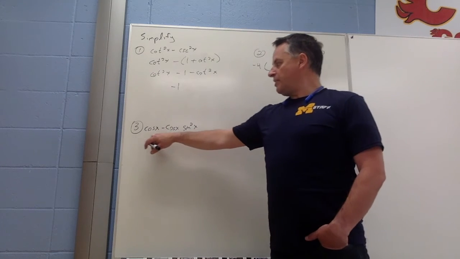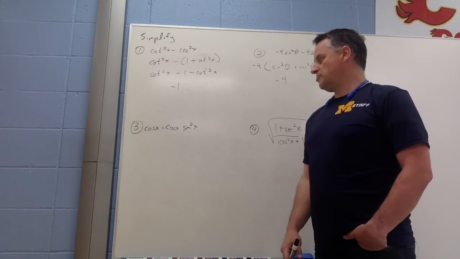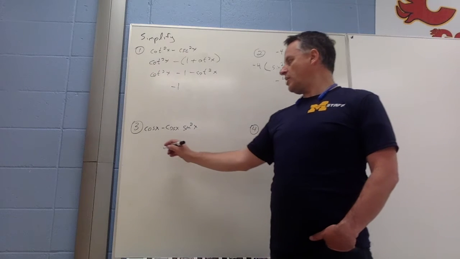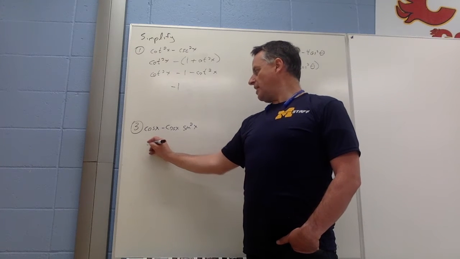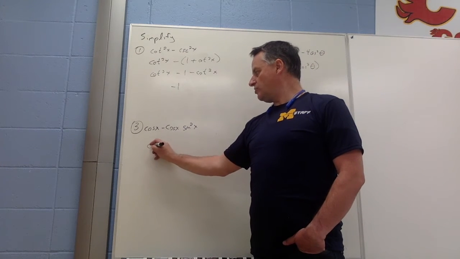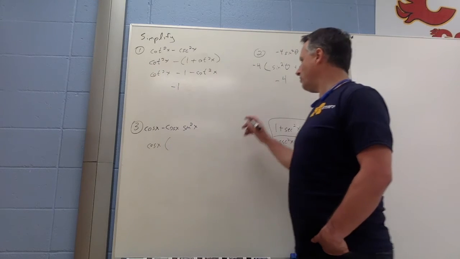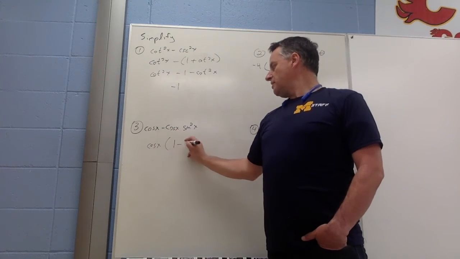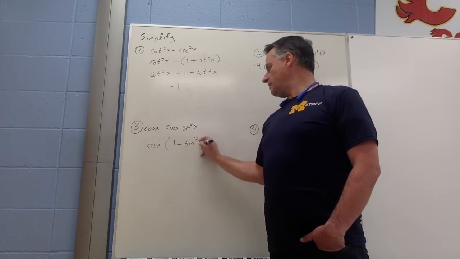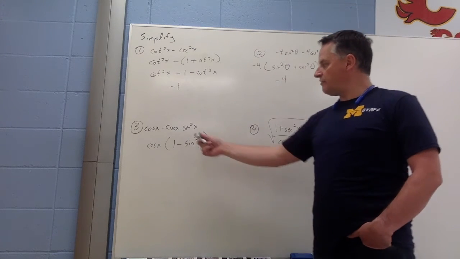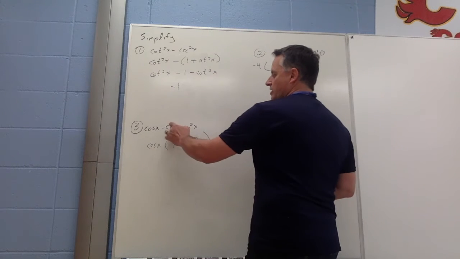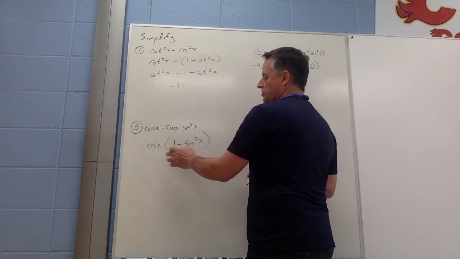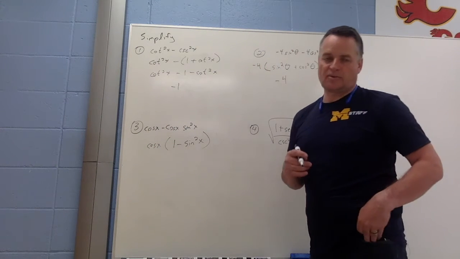On my third example here, where I have cos x subtract cos x times sine squared, I'm just going to do similar reasoning. I'm going to pull out a common factor of cosine. If I make that factoring possible, I'm left with 1 minus sine squared.